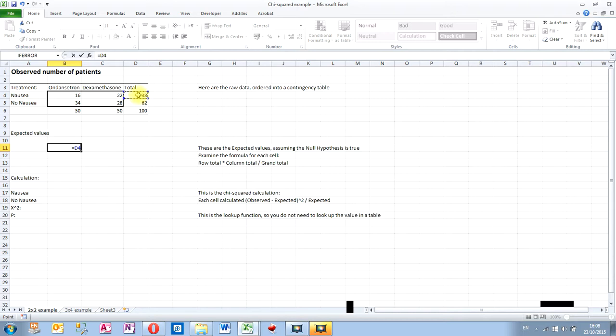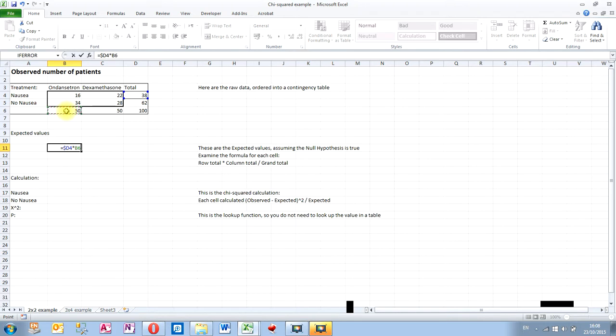Now I want to keep it in column D for these, so I press F4 to make it say $D4. Okay, and now I multiply that by the column total, which is in this cell here.